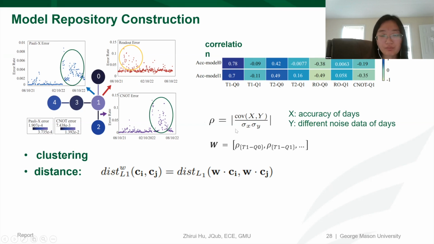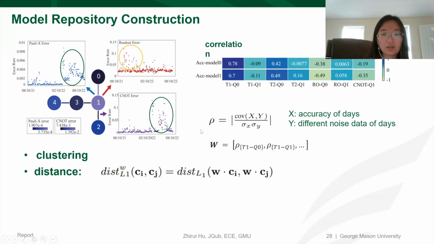So instead of the L1 or L2 norm distance, I use a correlation to suggest the weight. If the correlation of the noise with the accuracy is large, the weight will be large.